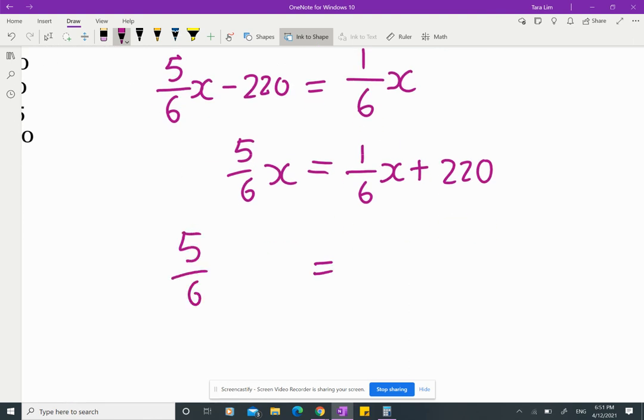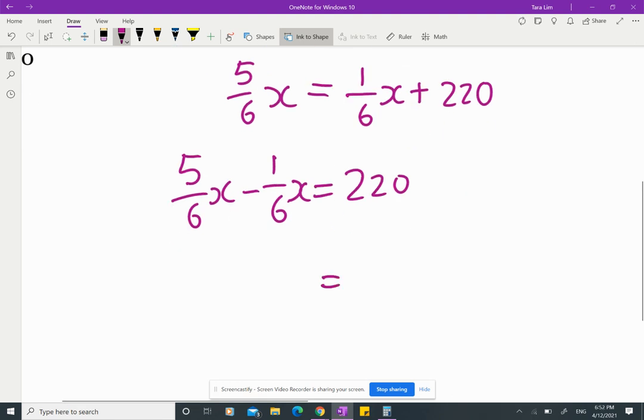So 5 over 6x minus 1 over 6x will give us 220. Now, luckily we have the same common denominator, so we don't need to do anything complicated. So 5 minus 1 is 4, so 4 over 6x is equal to 220.